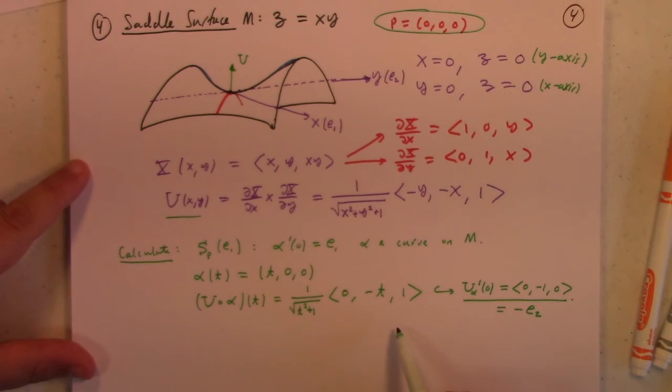So the covariant derivative at E1 of U with a minus, that's the shape operator at the origin acting on E1, is by definition this. But by the way, it's also U alpha prime of 0 with alpha so constructed, and as you can see, that's minus E2.